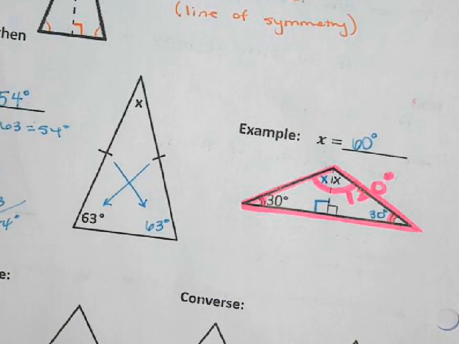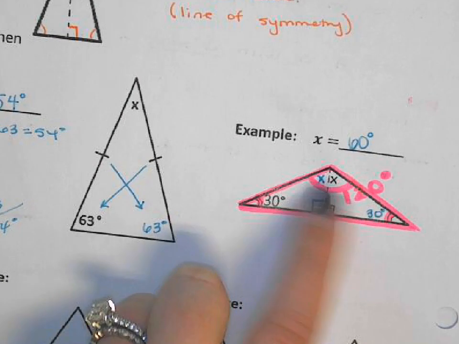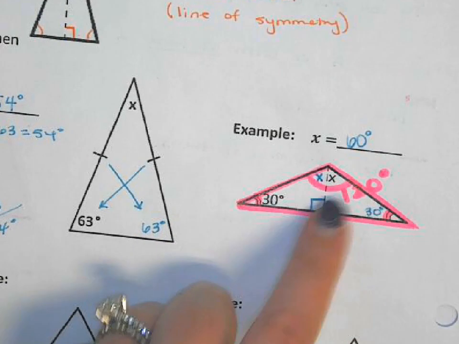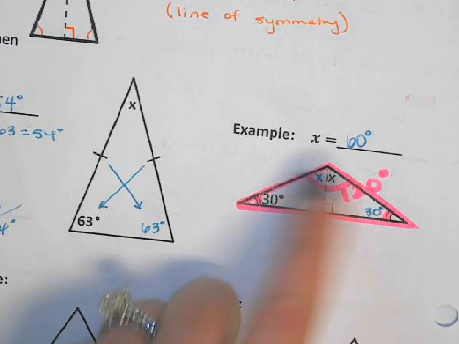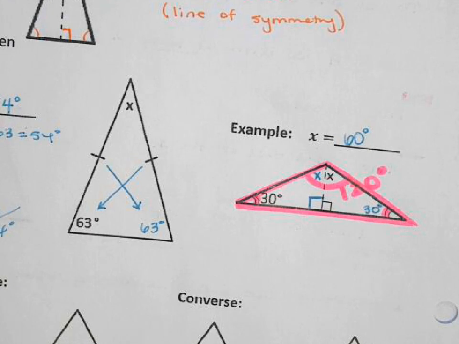How do you figure out what x is if the whole thing is 120? Split it in half. Both of those angles have to be the same. So once you know the whole angle is 120, cut it in half, and each of those x's is 60. Do you see how you can look at the big picture or the smaller picture? It doesn't matter. You're going to get 60 either way. So there are different ways to look at this. Okay.